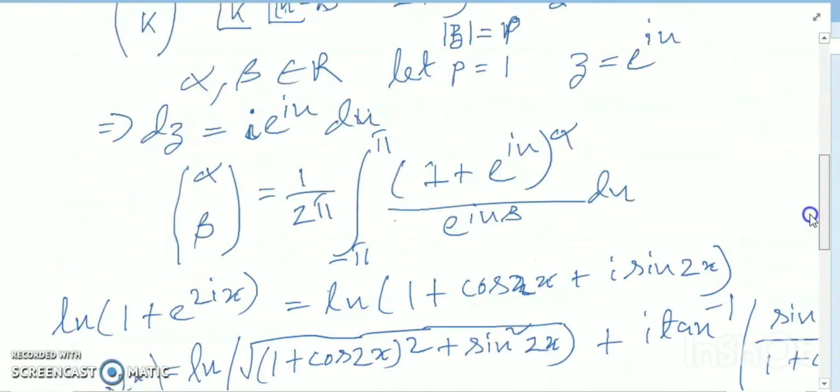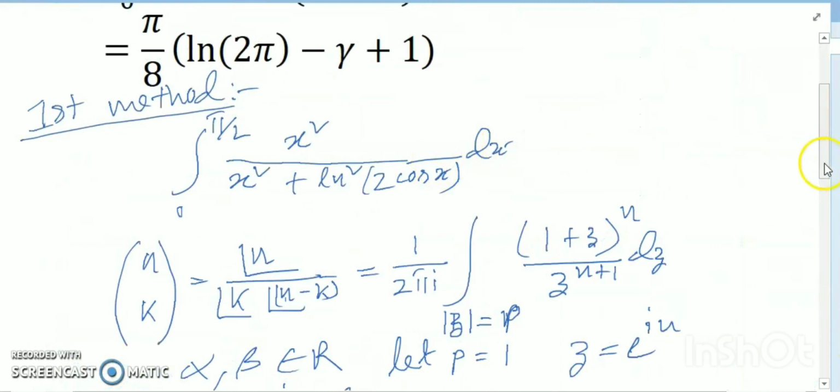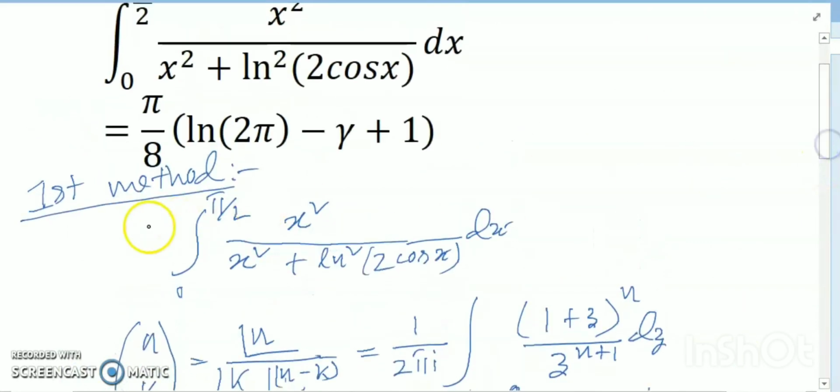I will take this integration as omega. Okay friends, so it is omega.